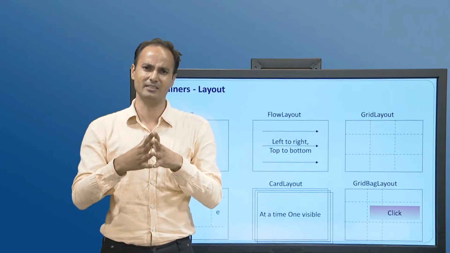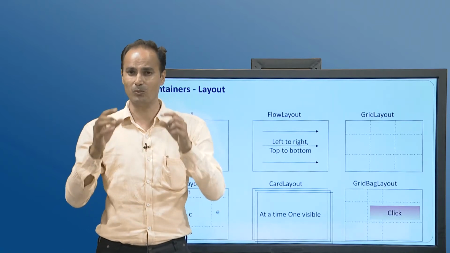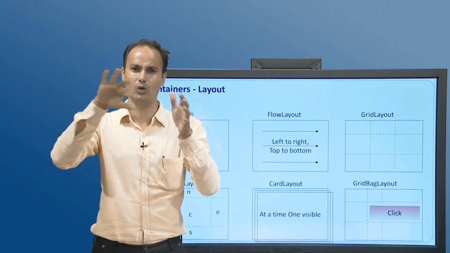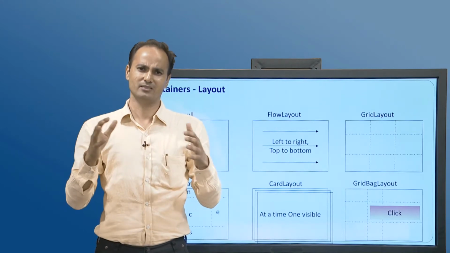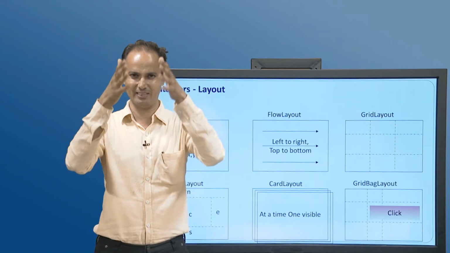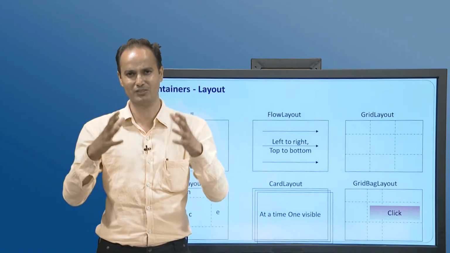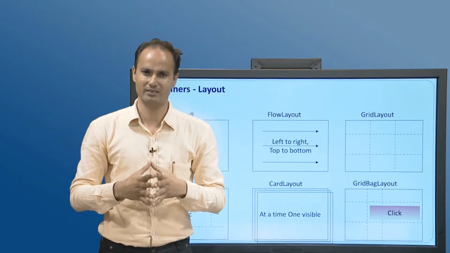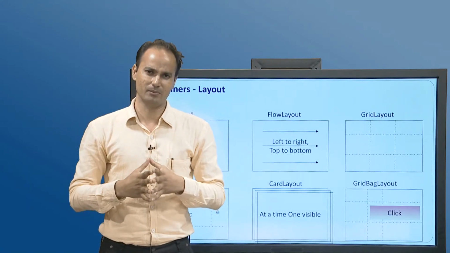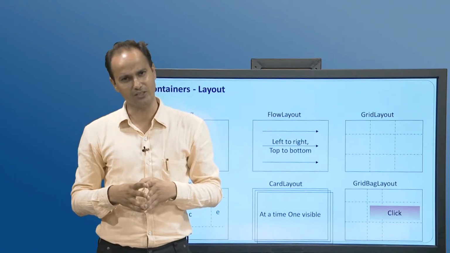Then we have the grid layout. The grid layout helps us arrange the components in a grid manner, that means in rows and columns. When you think about calculators, a calculator is all about buttons arranged in rows and columns. So if you want to develop GUI applications like a calculator, then you can use a grid layout, a better layout to arrange these buttons and controls on the container.